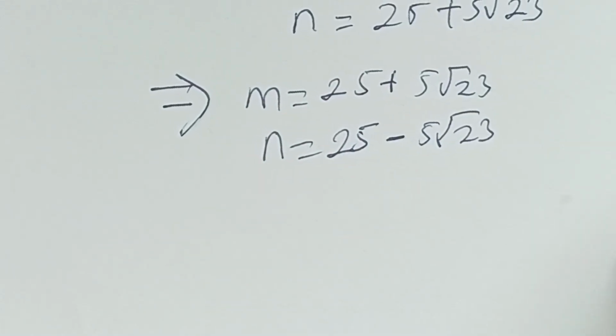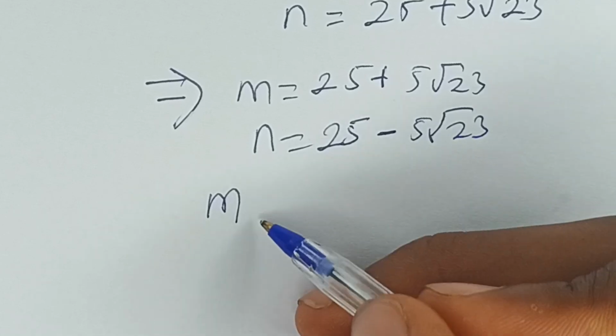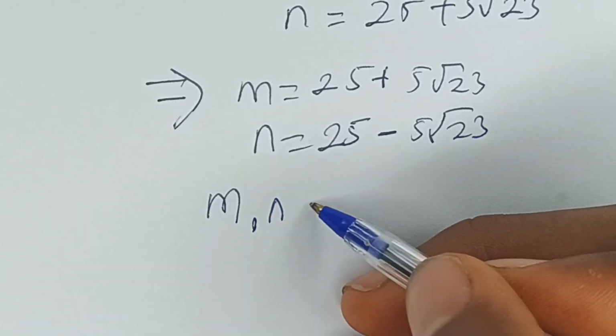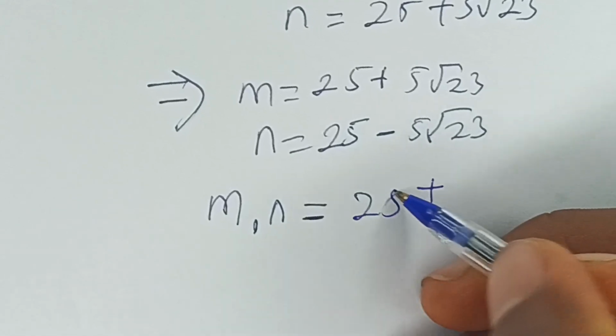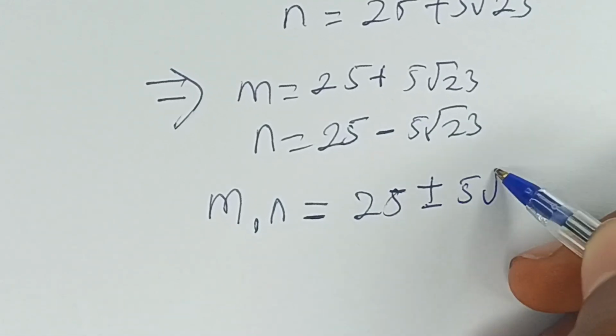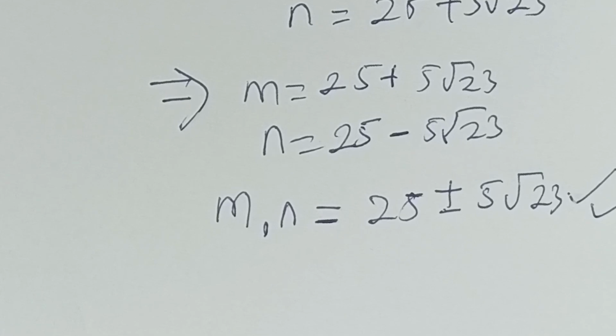Now conclusively we have that m, n is equal to 25 plus or minus 5 root 23. So this becomes the final answer to this question.